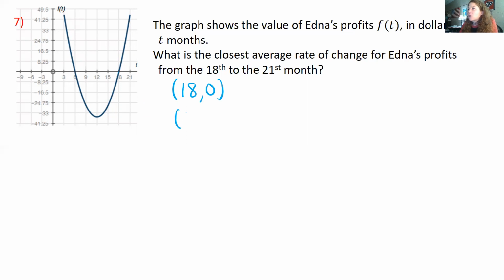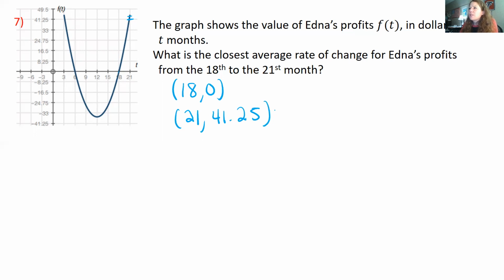And when x equals 21, Edna made, what is this number? I think it touches about right there. We're just going to estimate it to be about 41.25. We're going to get as close as we can, right?